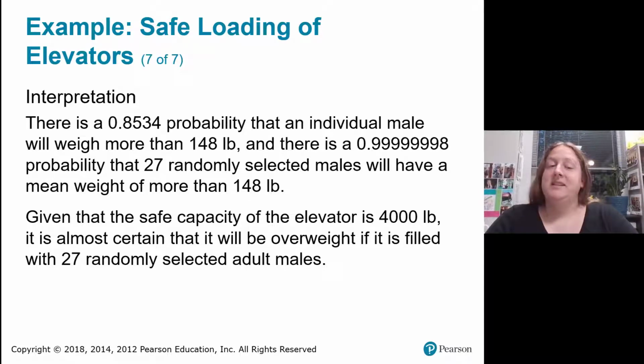Given that the safe capacity of the elevator is 4,000 pounds, it's almost certain that it will be overweight if it's filled with 27 randomly selected adult males. Luckily, it's rare that you would ever have 27 adult males decide to all pile into an elevator together. Get a little tight.